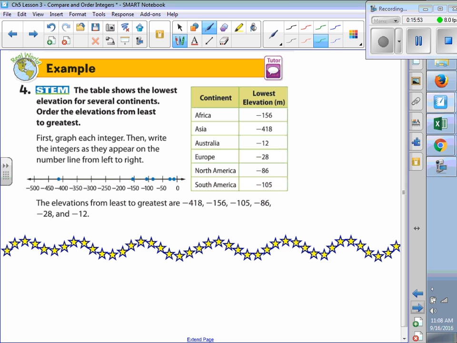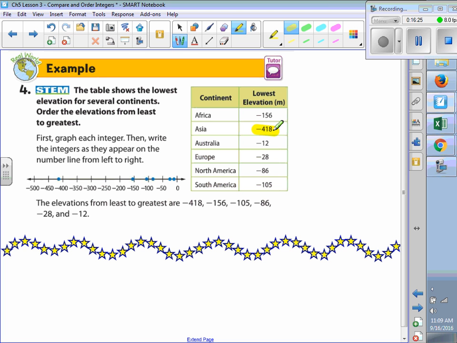The highest number is going to be the lowest value. Listen to my question. The highest number, not the highest value, is 418. Because we want to go from least to greatest, right? Remember, the highest number is the smallest value. So that's why we're going to have 418.